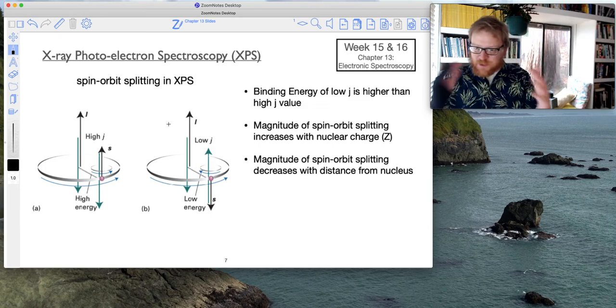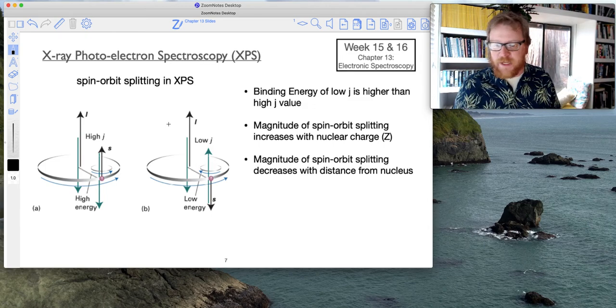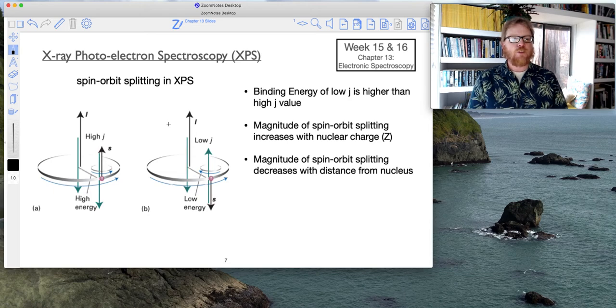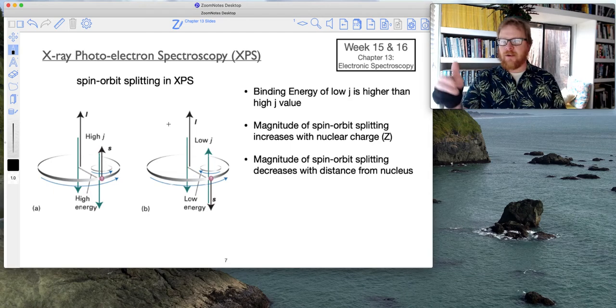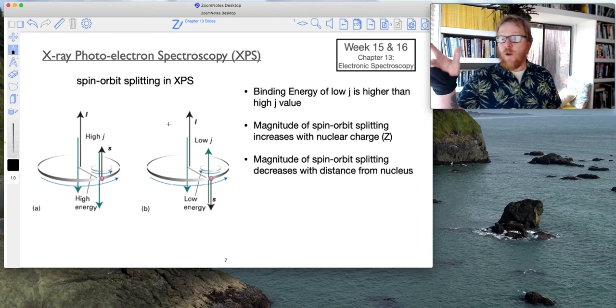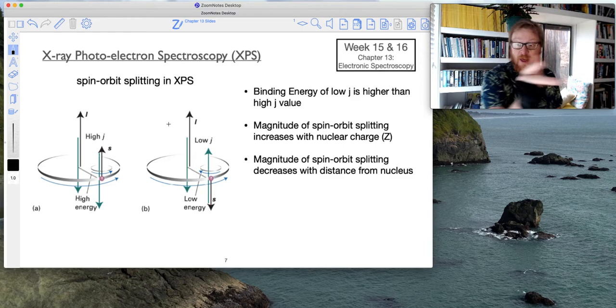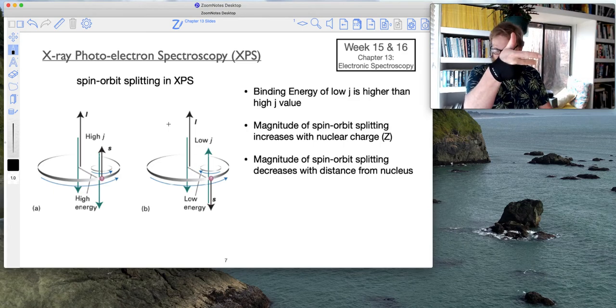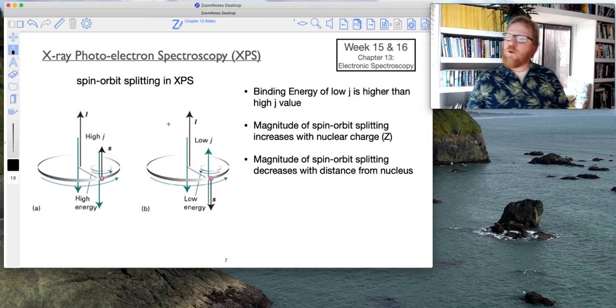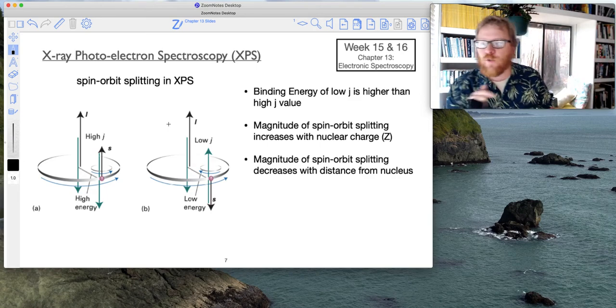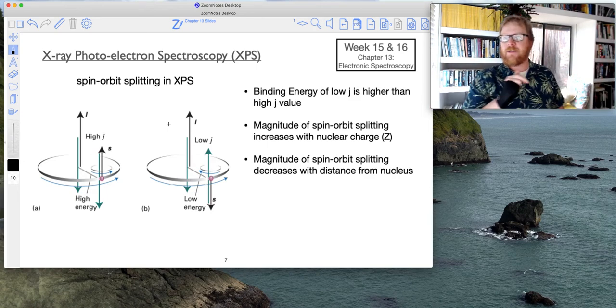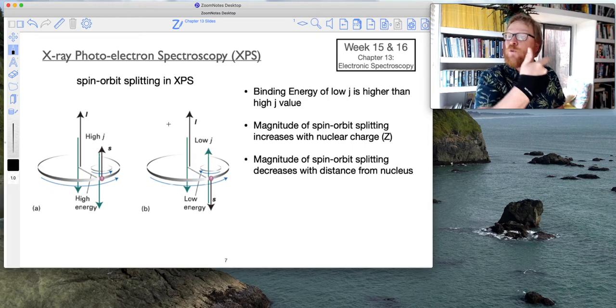So recall, and this is getting into why the spin-orbit splitting is observed, okay? So if you recall, we have an electron, remember our right-hand rule, we have an electron orbiting around our nucleus. And via the right-hand rule, that creates angular momentum spinning in the up direction, okay? So not only is this electron revolving around the nucleus, but it is also rotating, right?